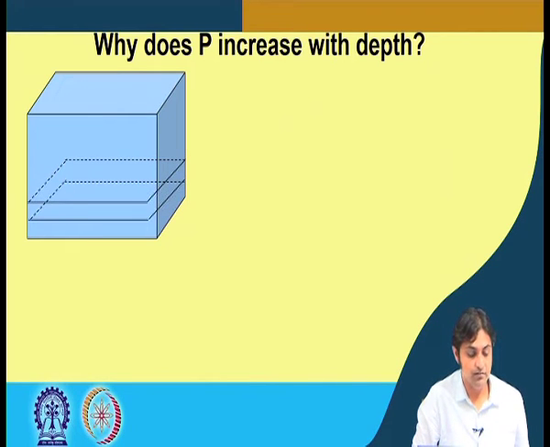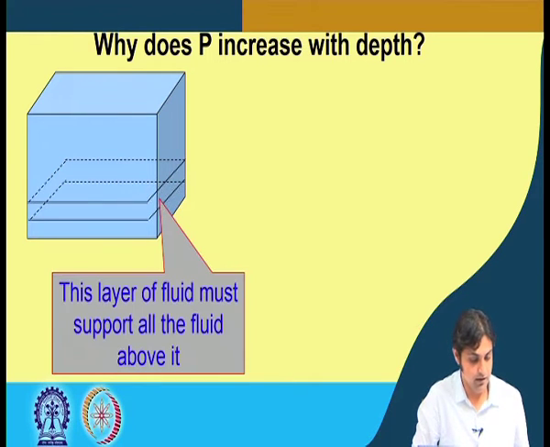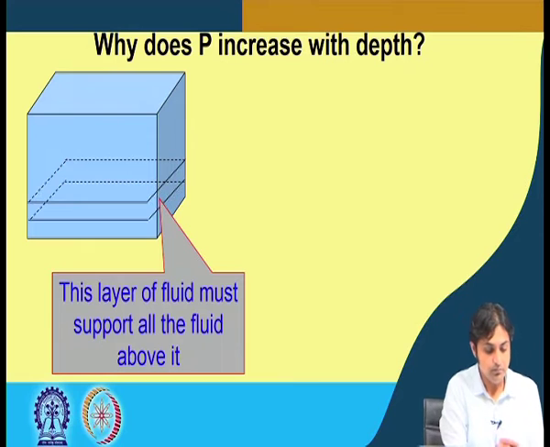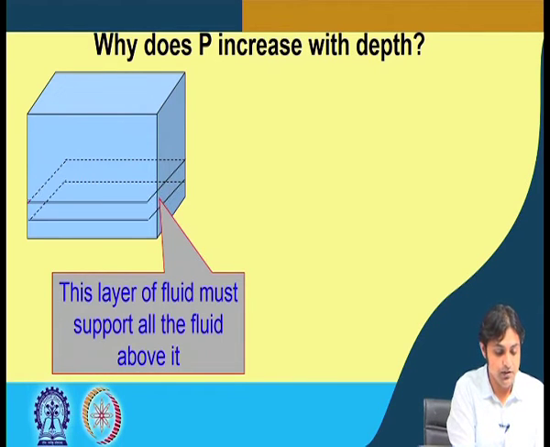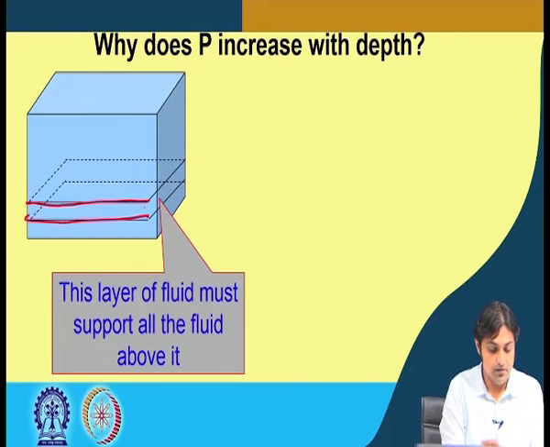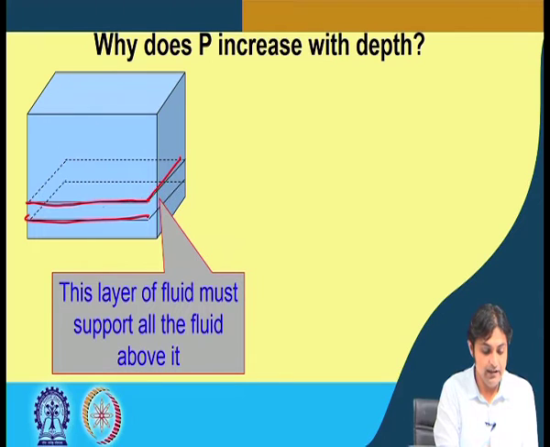This is a volume of liquid. As you can see, there are some layers in it. This is one layer, right? This particular layer will have to support the entire liquid that is above it, and the same is true for this layer.